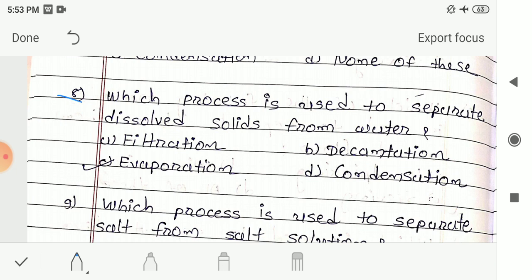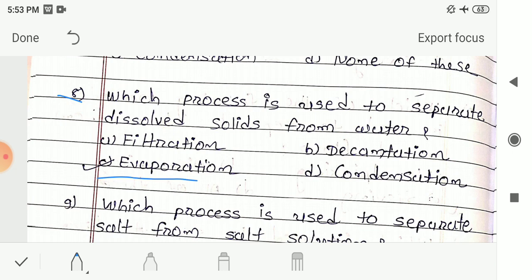Next, eighth number, which process is used to separate dissolved solids from water? If a solid substance is dissolved in water, we had seen the examples of sugar and salt dissolved in water. So to separate this sugar and salt from the water, which method had we used? The options are given to you, that is filtration, decantation, evaporation and condensation.